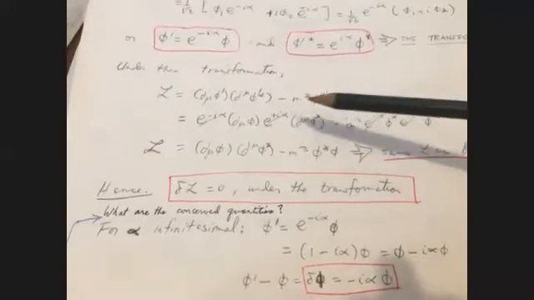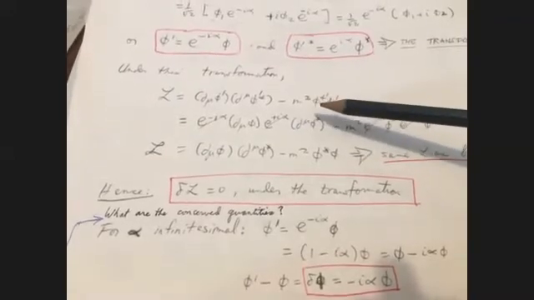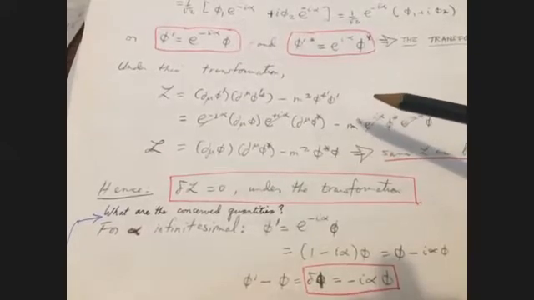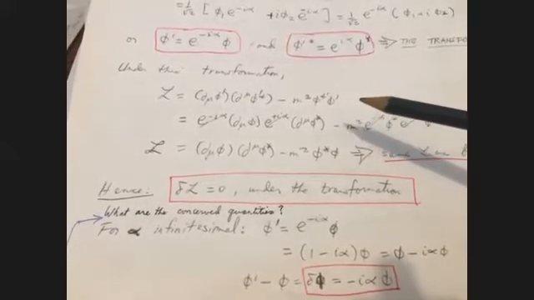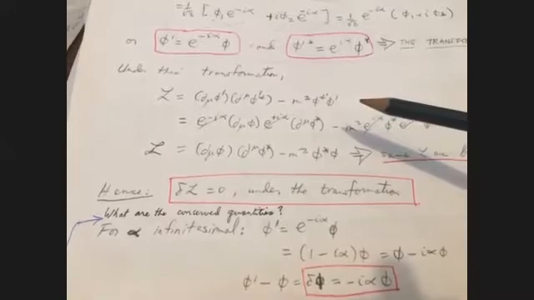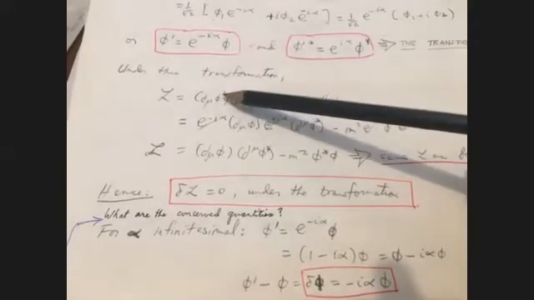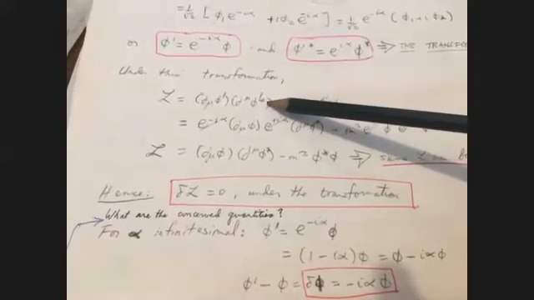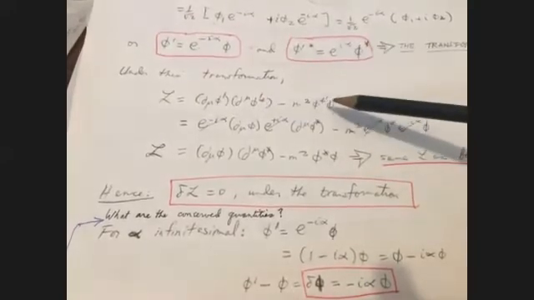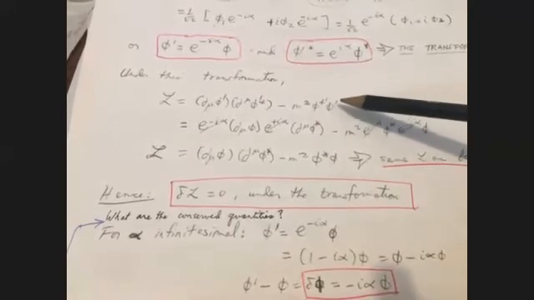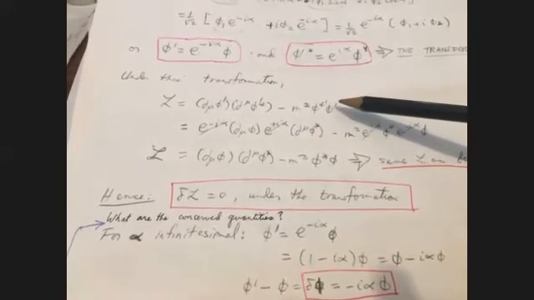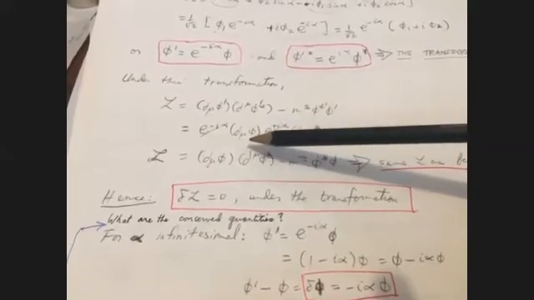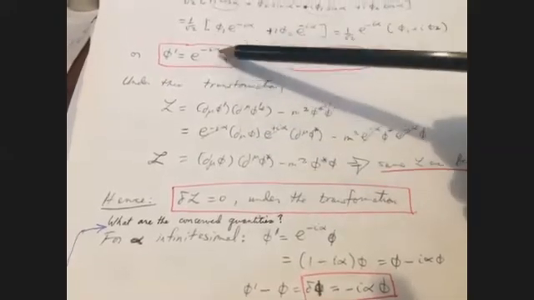Then we go back to our Lagrangian density for the complex scalar fields, the phi star, and then apply the transformation. That means you put a prime for phi, a prime for phi star, and then for the phi prime, you plug in the e to the i alpha phi.